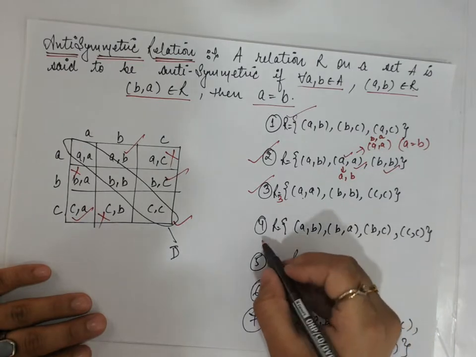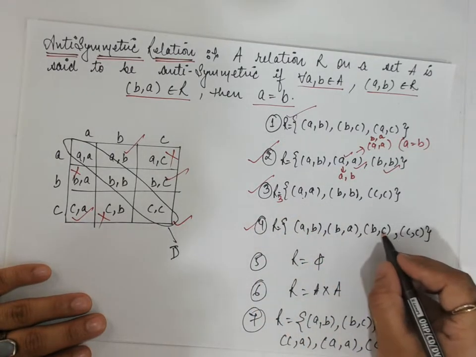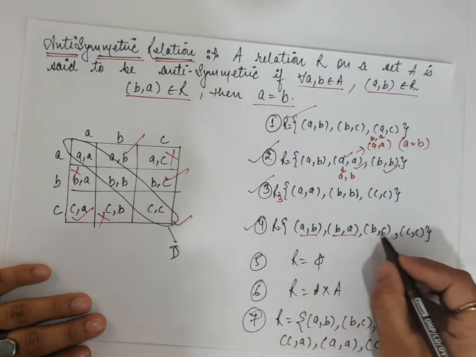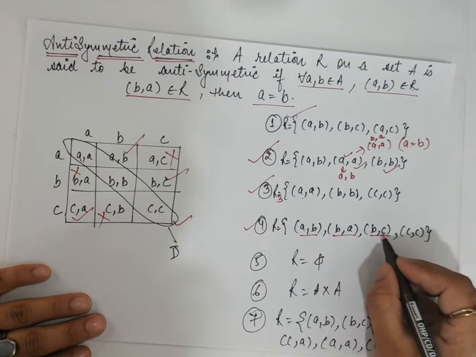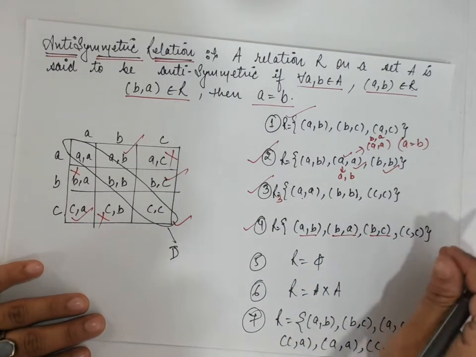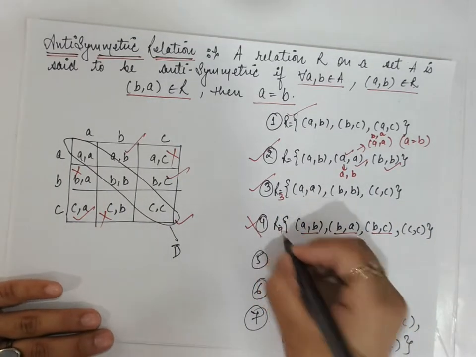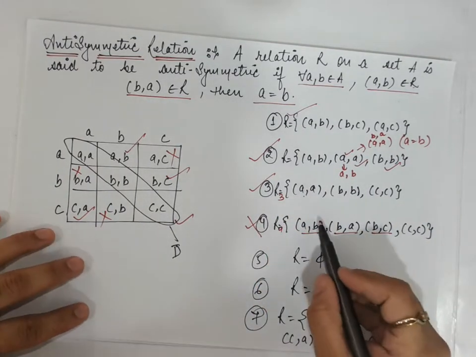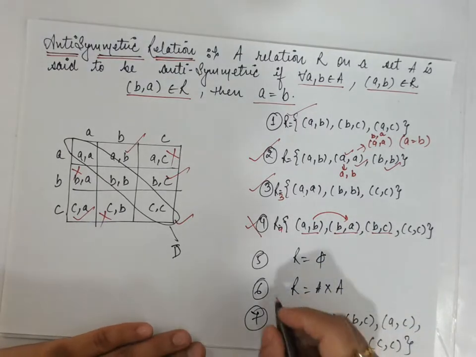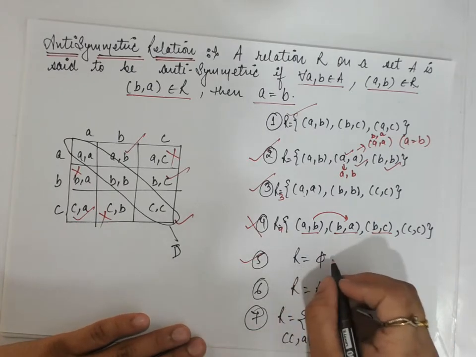Now check for R4: (A, B), (B, A), (B, C), (C, C). Is (B, A) present? Yes, (B, A) is present. Here (B, A) is present, therefore we do not check further. Therefore R4 is not an antisymmetric relation because opposite pairs exist in the given relation. Is R5 antisymmetric? Here R is equal to phi.